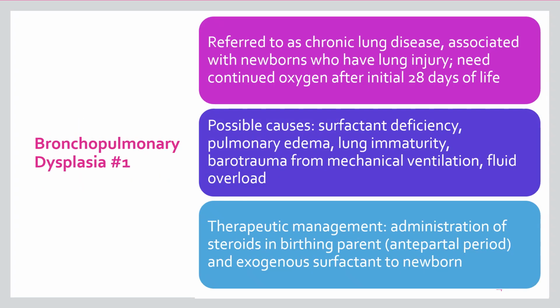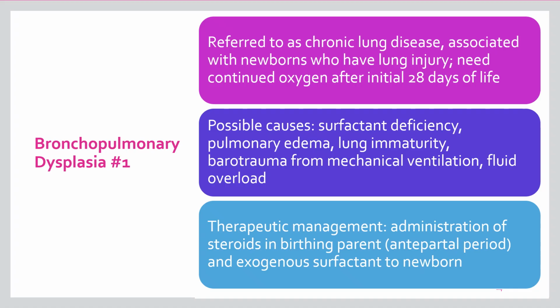Bronchopulmonary dysplasia is referred to as a chronic lung disease. It is associated with newborns who have a lung injury and need continuous oxygen after the initial 28 days of life. Prolonged oxygen therapy and positive pressure ventilation damage immature lung tissue, and inflammation, fibrosis, and impaired alveolar development can occur.